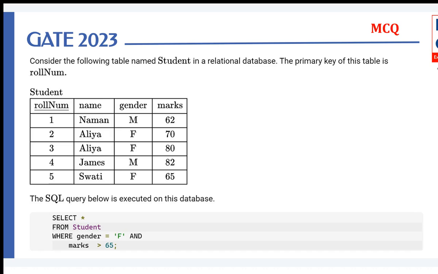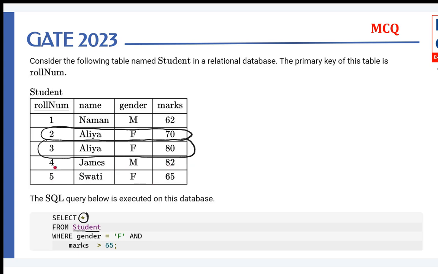So it's a simple question. They are saying select star from student. Select star means you select all the columns from the student relation or student table where gender is female. So you will select this row and this row.